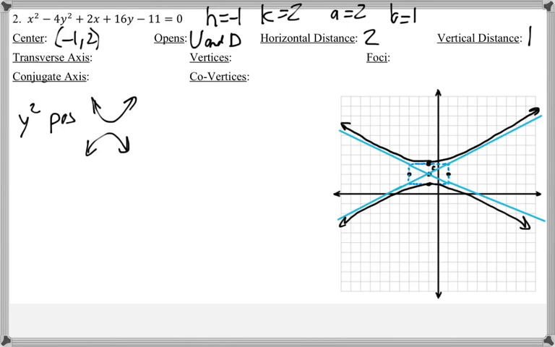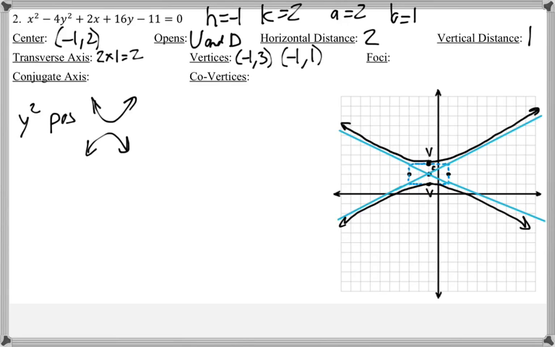When the hyperbola opens up and down, the transverse axis is vertical. So that's going to have a length of 2, and the ends of those are the vertices. So -1, 3, and -1, 1.